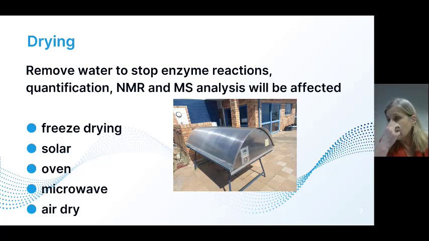If you have sampled fruit, for example, and you want to determine what happens to the peel of the fruit where it is not freeze dried, you can also use either solar drying, oven drying, microwave drying, or air drying. On the right, we have a picture of a solar dryer, which uses the energy of the sun, and it dries your material very fast.